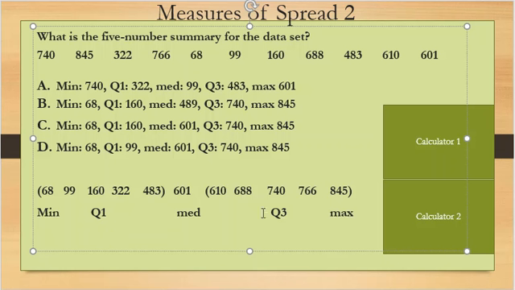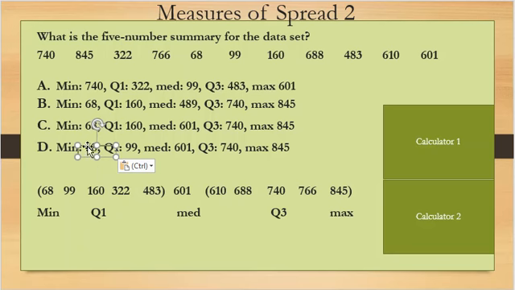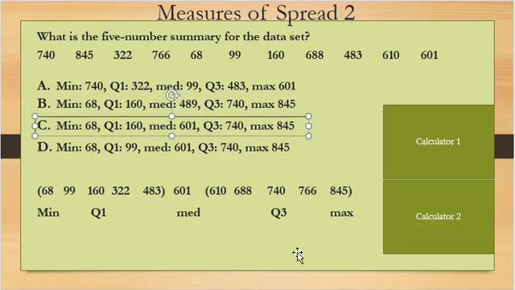And that's the same for quartile 3. So my quartile 1 is 160, my quartile 3 is 740, and so let me see if I can copy paste here. Yes, I can. So in this situation, I'm making sure I'm correct here. Again, our answer is going to be C.